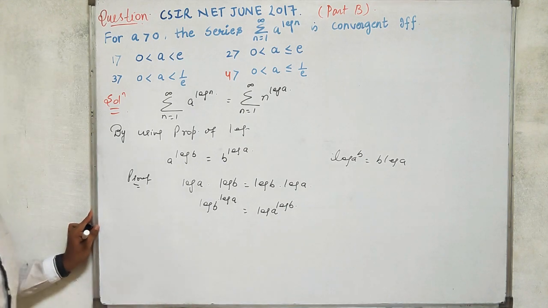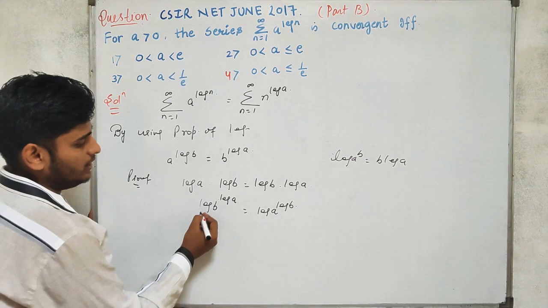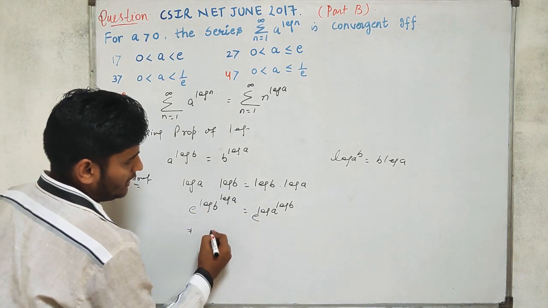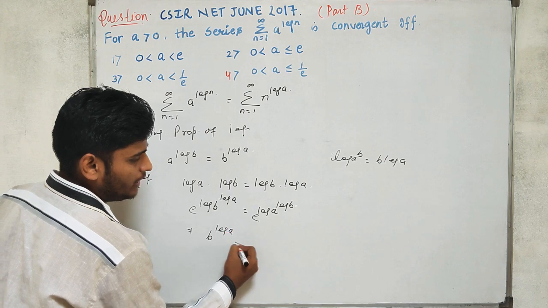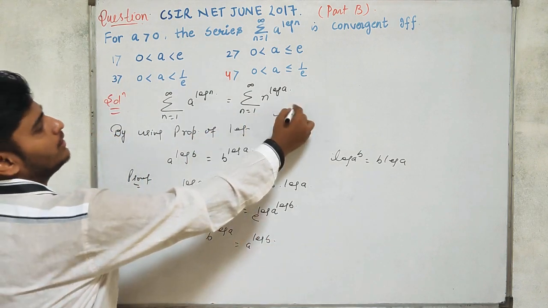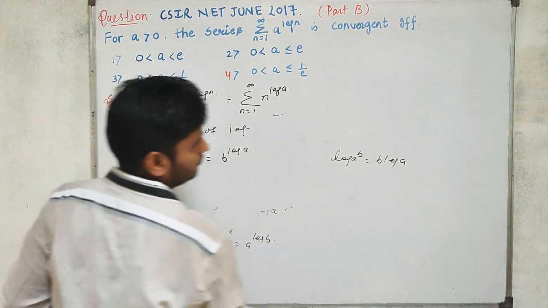Now taking exponential or antilog on both sides, we find out that b raised to power log of a is equal to a raised to power log of b. So this series can be written as this. So this is the proof by using this property.